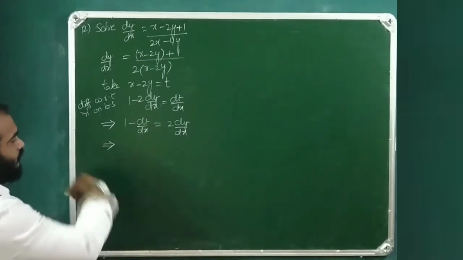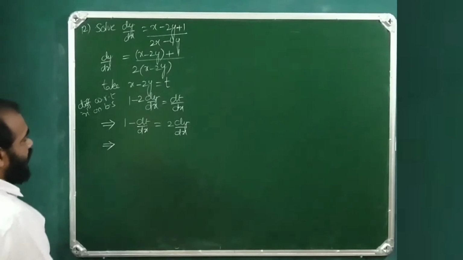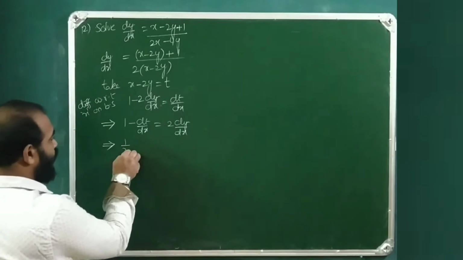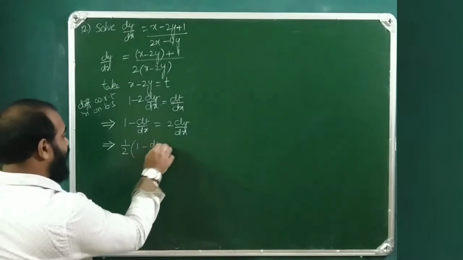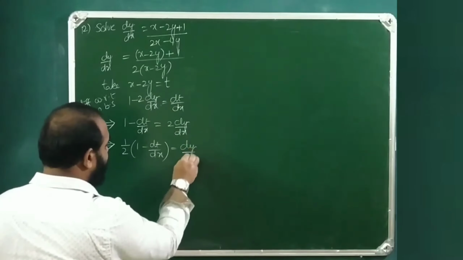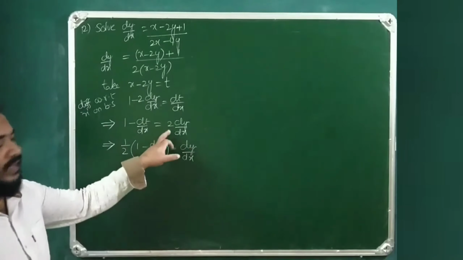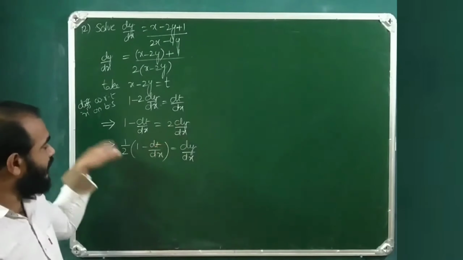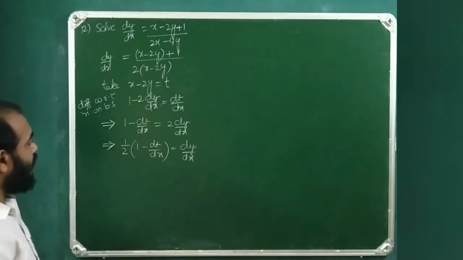So 1 by 2 into 1 minus dt by dx is equals to dy by dx. This 2 is multiplying, so I just transposed it onto the other side.